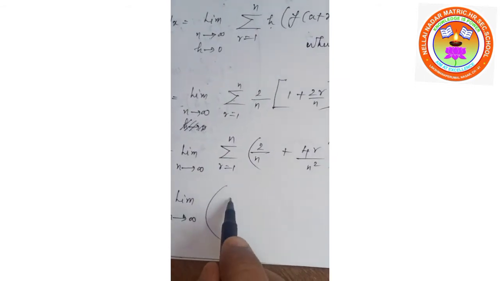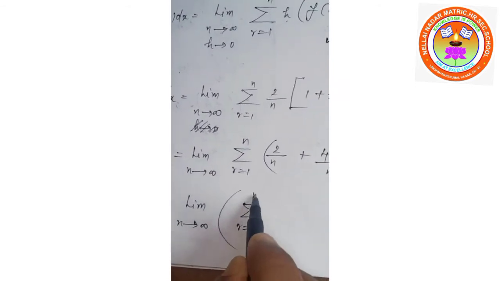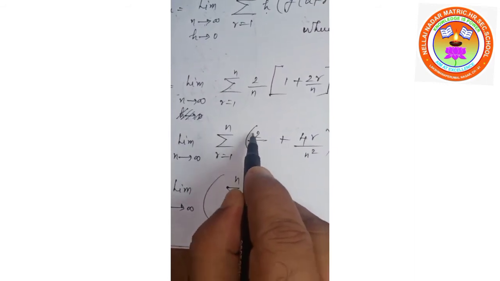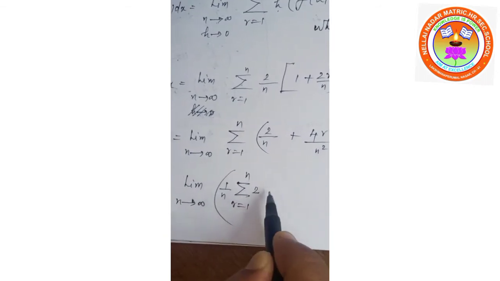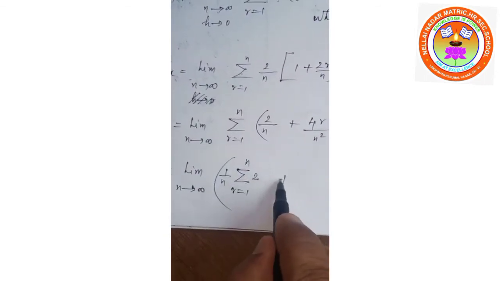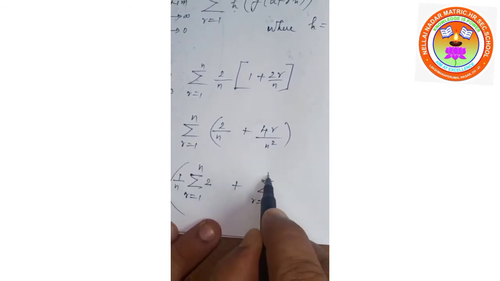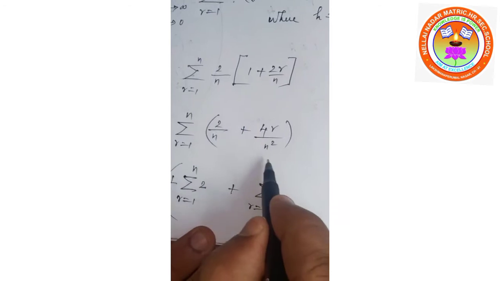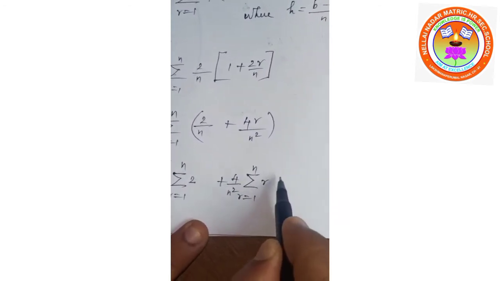First, sigma r equals 1 to n: retain 1 by n outside the summation and 2 inside, so 1 by n into 2 is 2 by n. Next, again sigma r equals 1 to n of 4r by n squared: retain 4 by n squared outside the summation, and r is inside the summation.